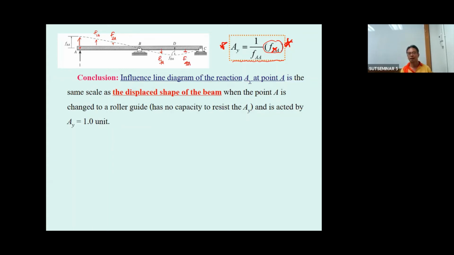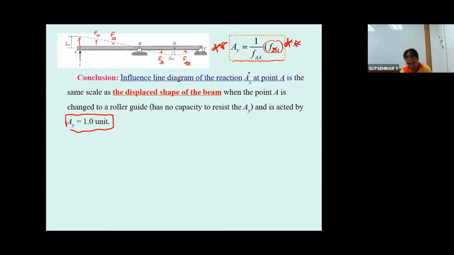Okay. Based on this, if you would like to draw the influence line of A sub y, take the resistance of A sub y out, and then apply the A sub y equal to 1 unit to the beam and determine the deflection. When you determine the deflection, you put all the deflections into this one.